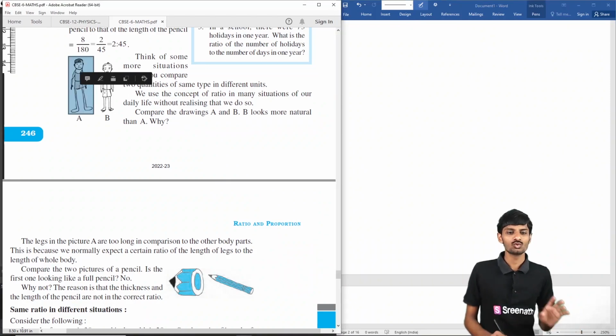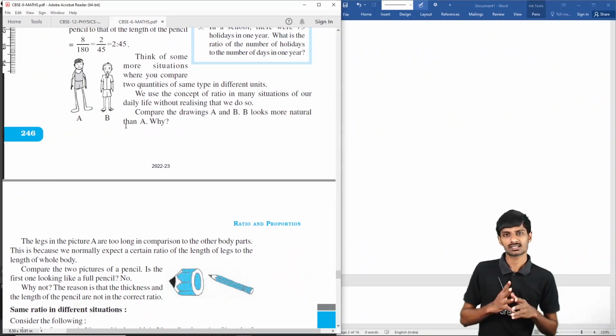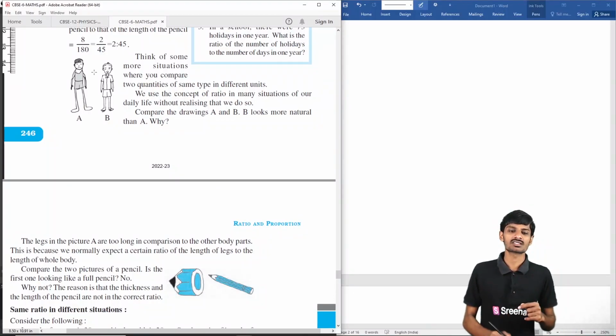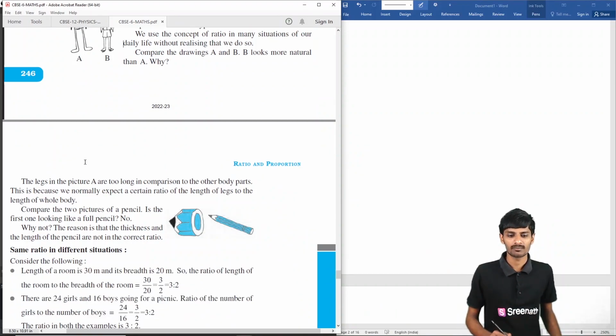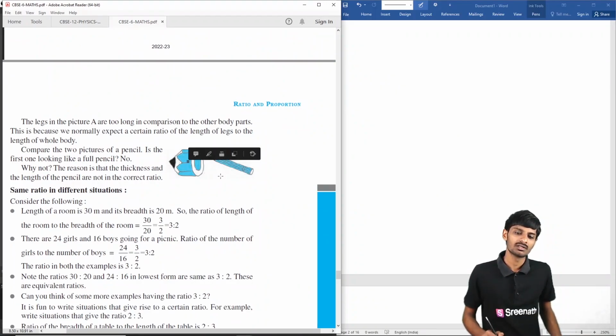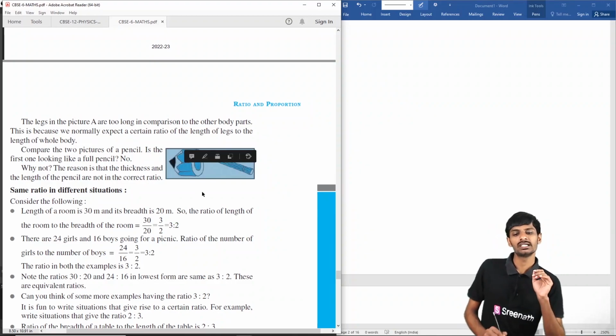And now, if you see here two pictures, in both pictures, one A is looking unnatural. Why? Because here the legs are having very much length compared to other body parts. So legs are having very high length compared to other parts of the body. And again, if you see here, both are pencils only, but this we didn't call a pencil.